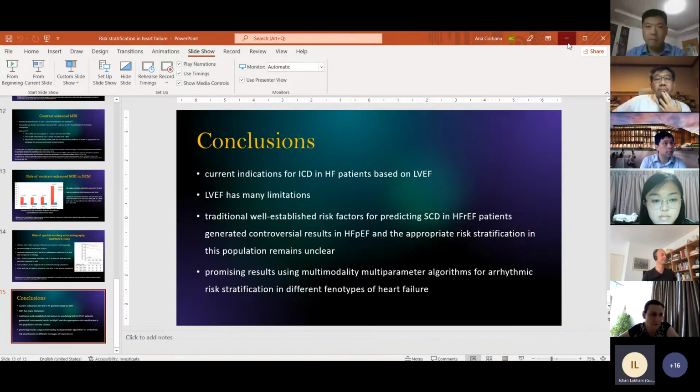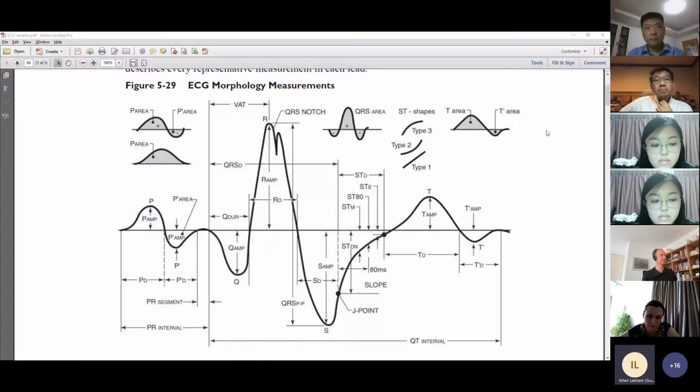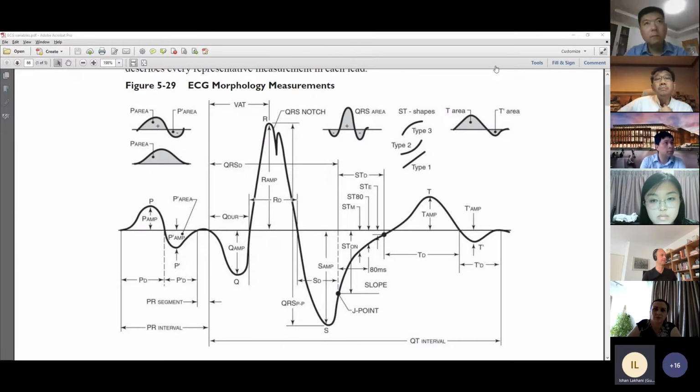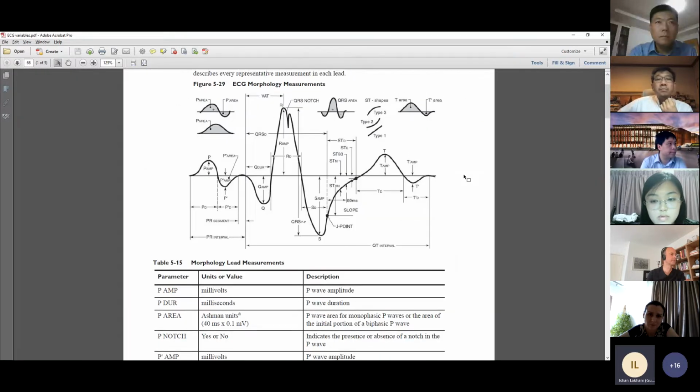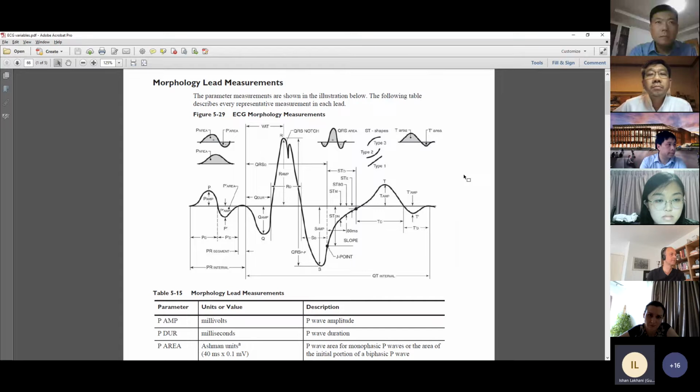One of the parameters where we could showcase this was the axial measurements. We took measurements of the ST segment axes, which represent segment abnormalities and can represent disturbances in the repolarization process.